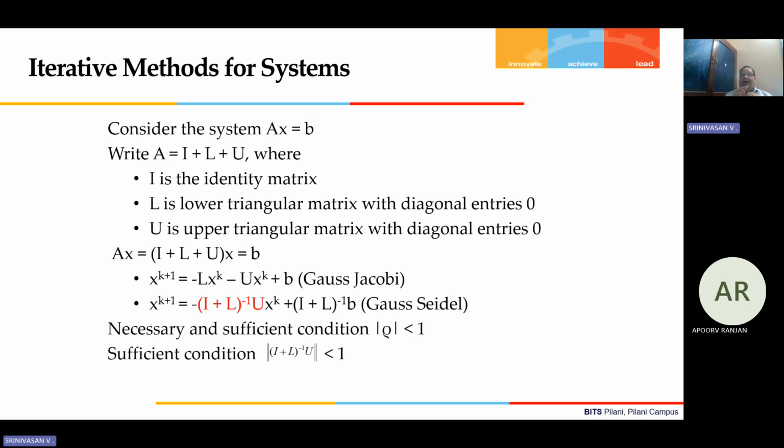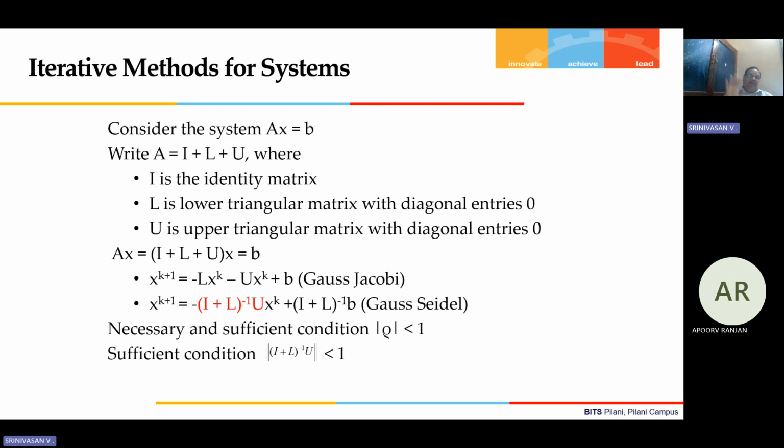Write A as I plus L plus U. Already you are familiar with the decomposition of the given matrix into lower and upper with different conditions. That is done by three different methods called Doolittle's method, Kraut's method, and Cholesky's method.